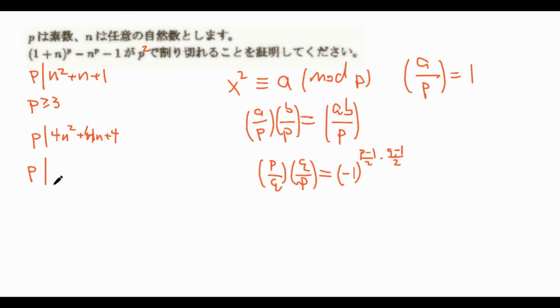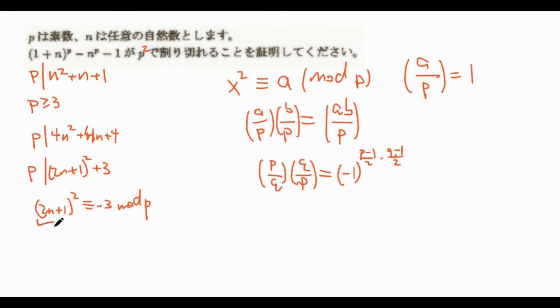In other words, if we factor the right hand side, we get p divides (2n plus 1) squared plus 3. So in other words, (2n plus 1) squared is congruent to negative 3 mod p. So now we see where quadratic residues and Legendre symbol fits in.